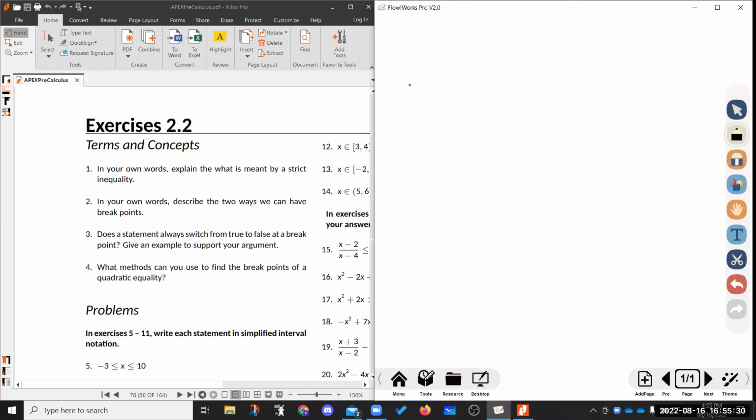We also have breakpoints in our domain whenever we're going to break any of the rules for domain that say no division by 0. So that's one of the things in a rational inequality that we have to watch out for, but we don't have to watch out for in polynomials.